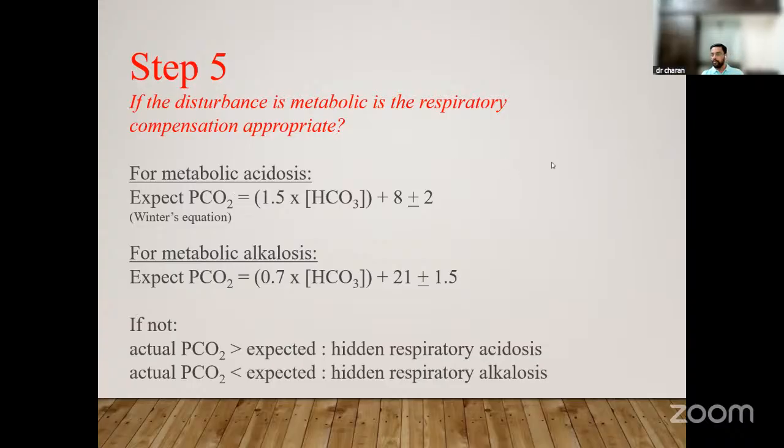If it is almost the same, it means the respiratory compensation is adequate for the metabolic problem. If they are too different, it means the respiratory compensation is inadequate. The lung is not able to compensate, and you need to go ahead and intubate the patient or do something for the respiratory compensation to happen from outside.